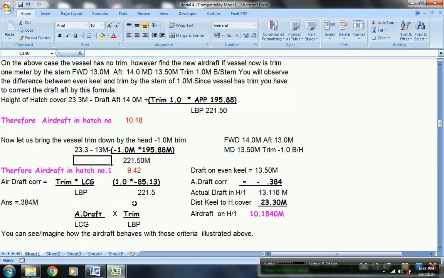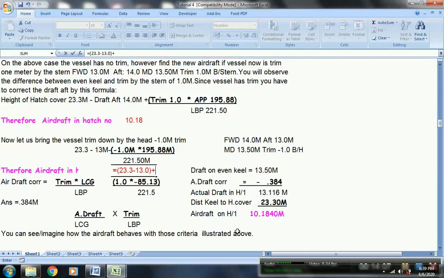So let us do it this way: equals 23.3 minus 13 meters, because that is your draft aft already.